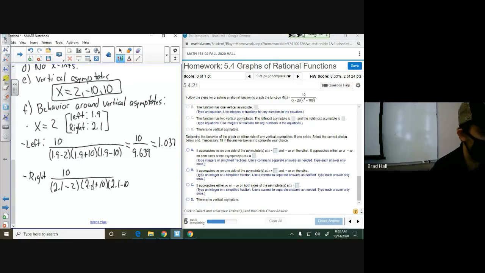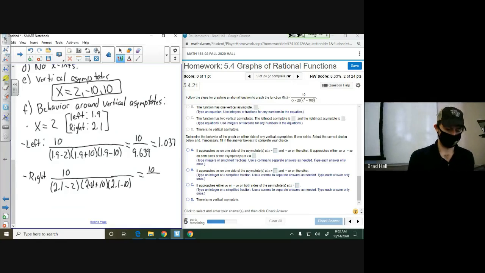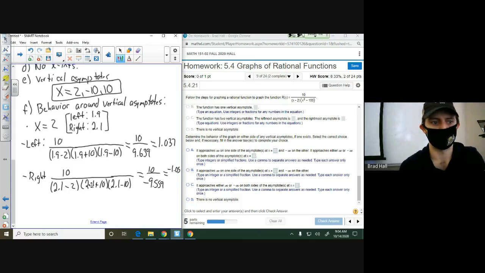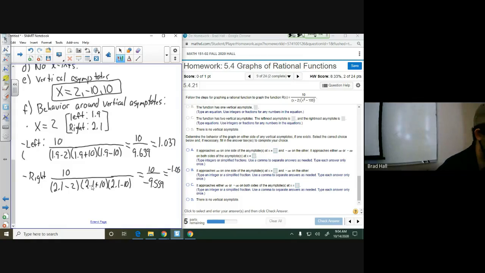So 10 divided by 2.1 minus 2, 2.1 plus 10, 2.1 minus 10. So we get a negative number. So that means on the left, we'll get positive infinity, and on the right, we'll get negative infinity.